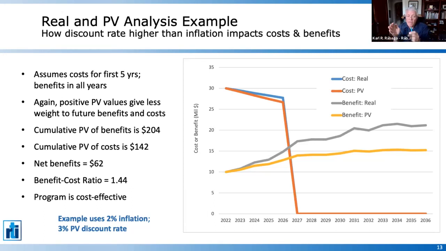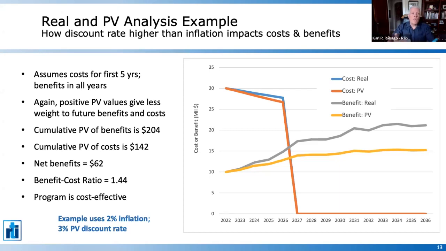If you don't have to pay for it all at once, but you get to pay for the program or the measure in 5 equal installments per year, the present value cost of the investment goes down, right? So they say, hey, it's $100 a year for 5 years instead of $500 right now. That actually saves you a little money if there is inflation.